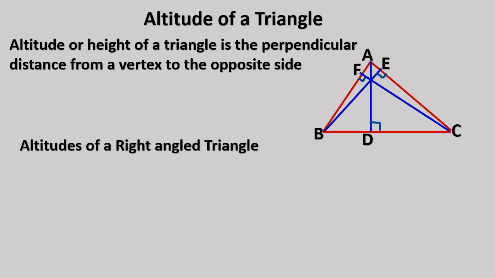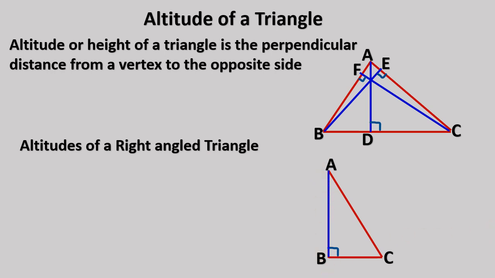Now let us see which are the altitudes of a right angled triangle. So right angle triangle ABC. So from A to the opposite side BC, A to BC perpendicular line. Do you need to draw it? It's already there, no? 90-degree you can see. So that means AB itself is the altitude, is it?